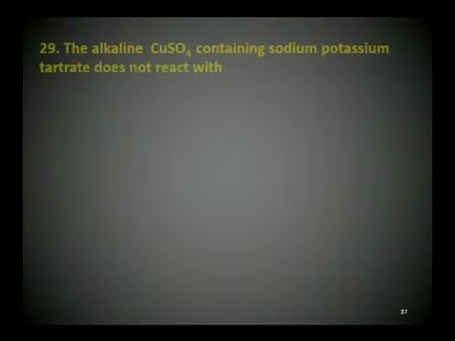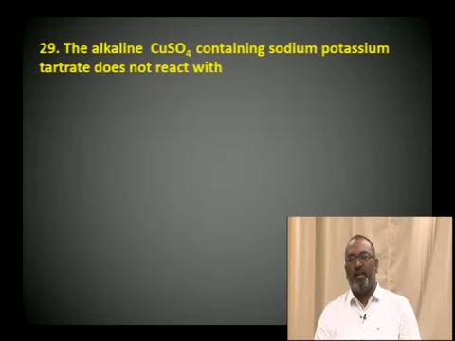Question number 29. The alkaline copper sulfate containing sodium potassium tartrate does not react with. First you have to know that alkaline copper sulfate mixed with sodium potassium tartrate is called Fehling solution.